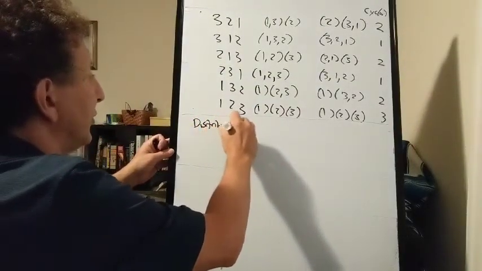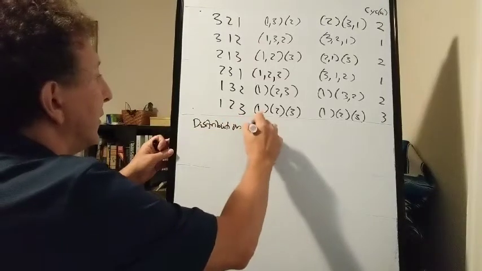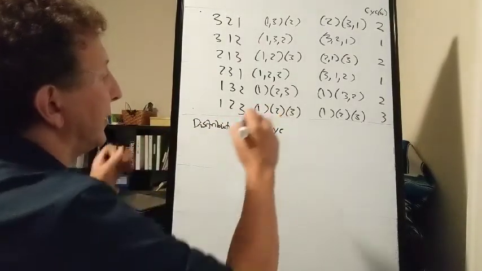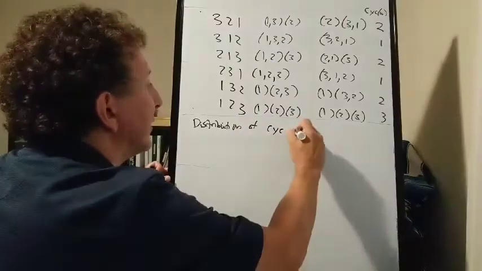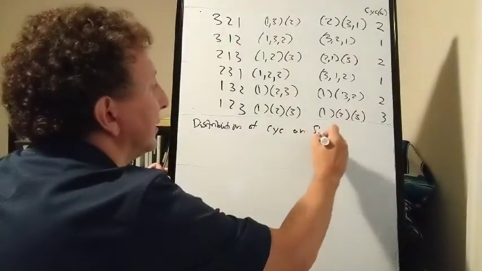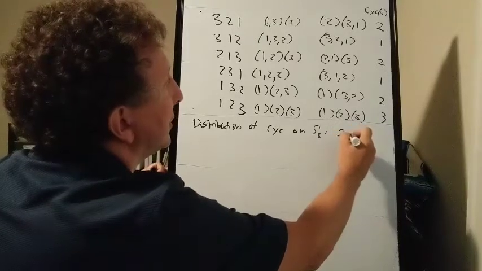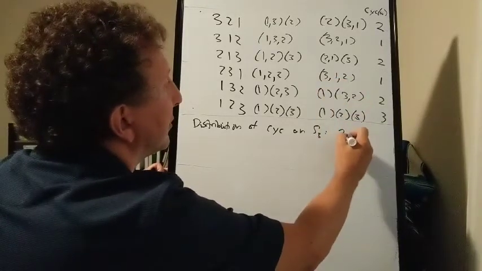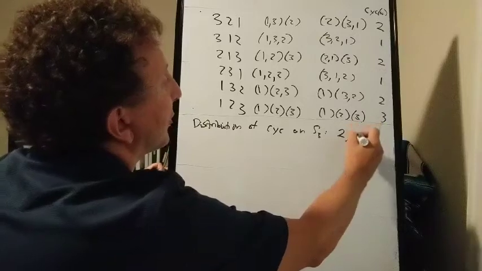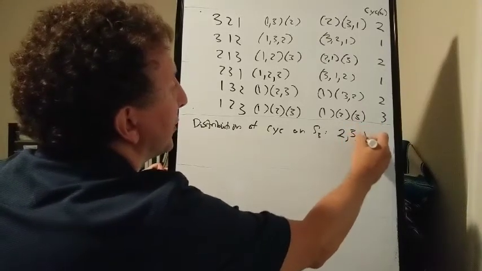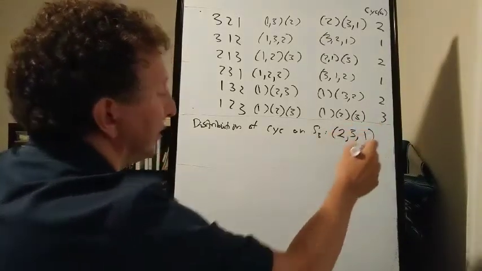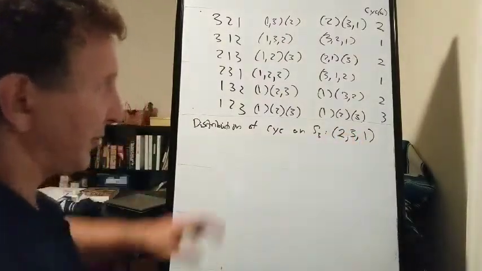So the distribution of the cycle statistic on S3 is we've got 2 permutations with 1 cycle, 3 permutations with 2 cycles, and 1 permutation with 3 cycles. So 2 of them, 3 of them, 1 of them, just the numbers.